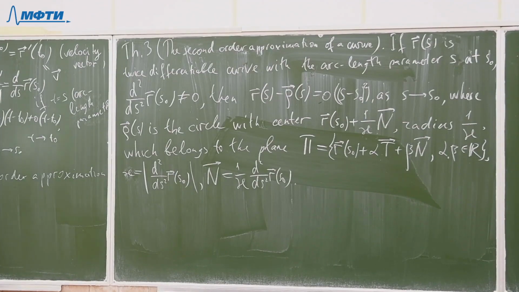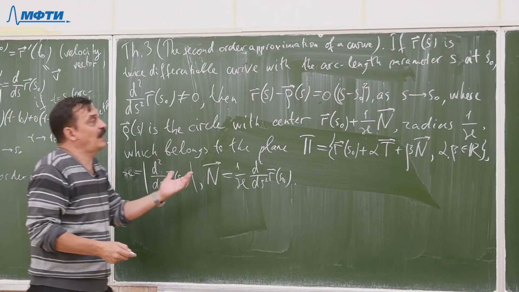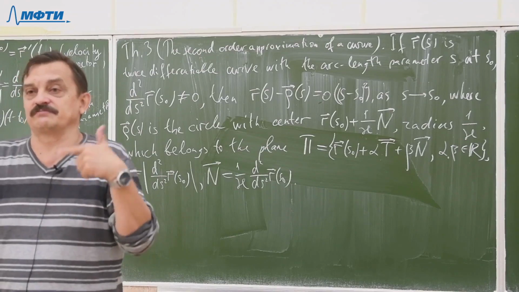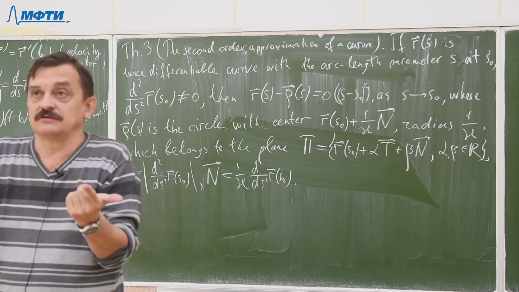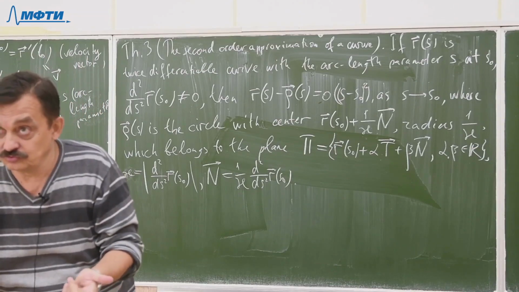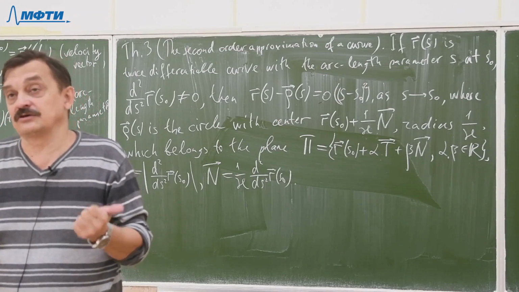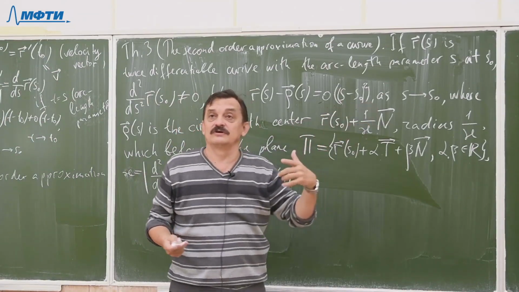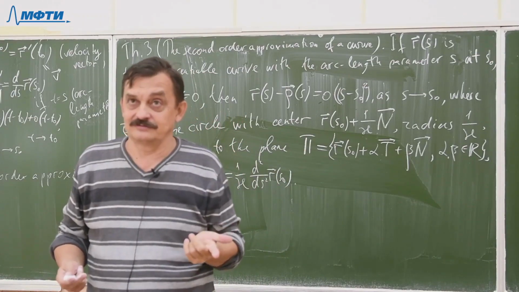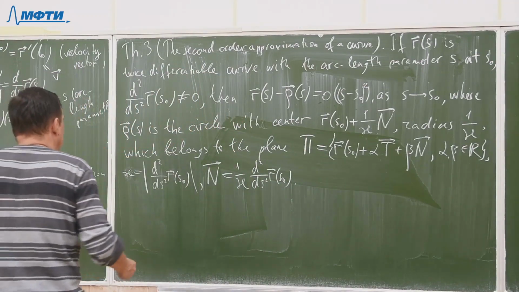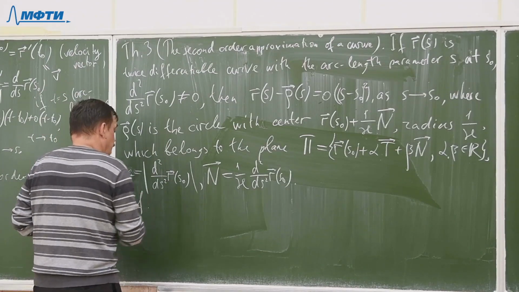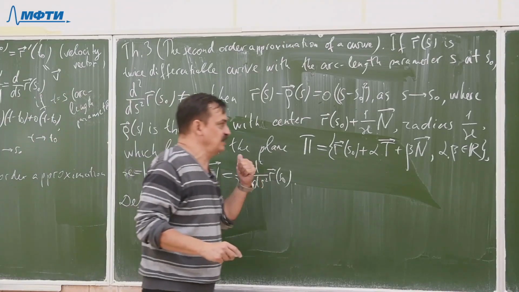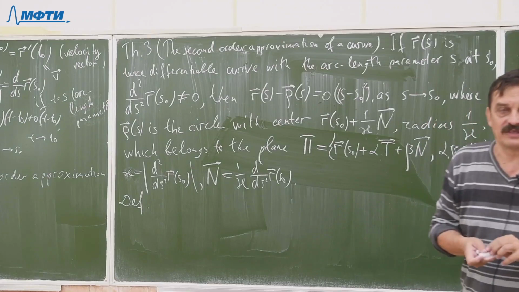So now we look at what happens with arbitrary curve if we forget about all terms as powers of S minus S naught of orders greater than 2, right? And then it turns out that if we forget about all terms with powers greater than 2, then we obtain a circle. And now let us make, before the proof, several definitions, because all vectors which appear here, everything, circle and so on, they have special names.